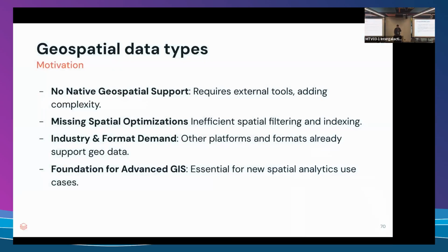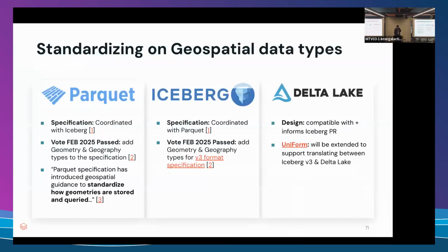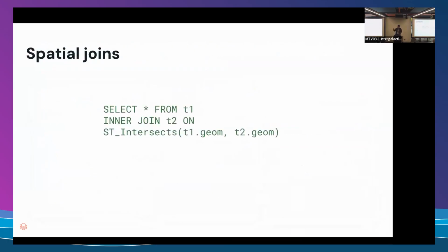For data source, Sihan and Huaxin talk about this in different sessions, so I'm going to skip it. In Spark 4.1, we also introduced the geo type. Starting with 4.1, we have a geo type inside Spark, given that Parquet, Iceberg, and data lakes all support geo types right now. So now users can do something like this: join two different locations using geo type operations natively inside Spark.